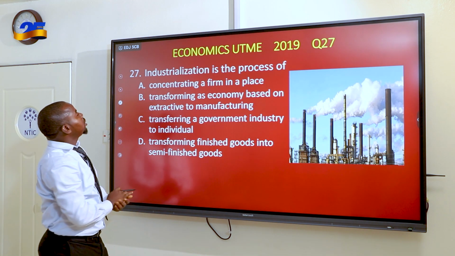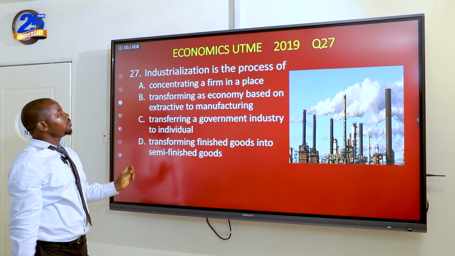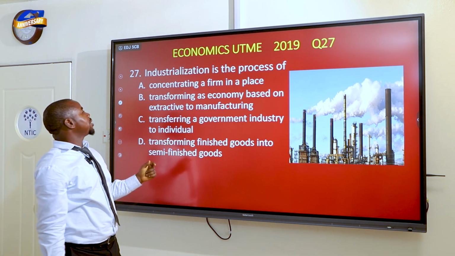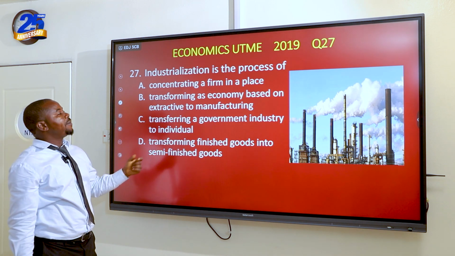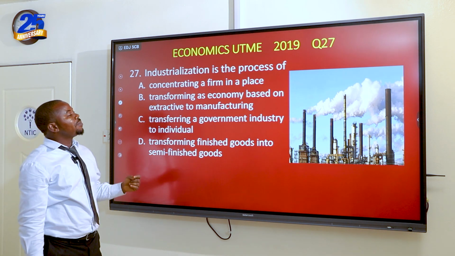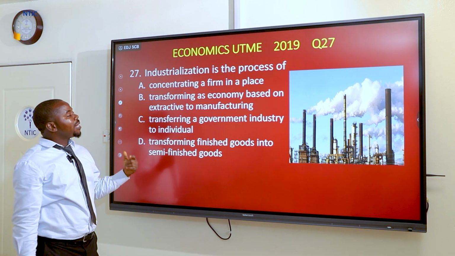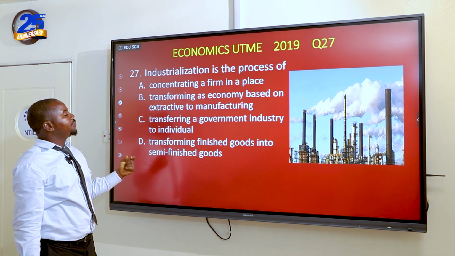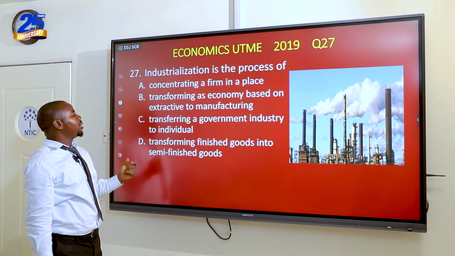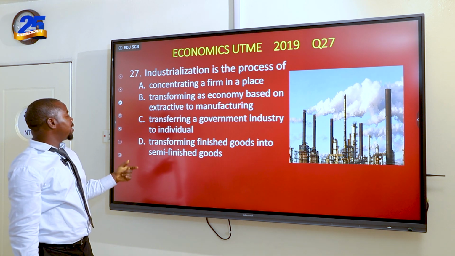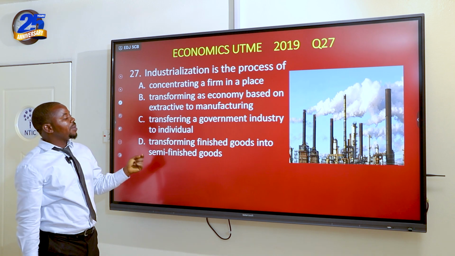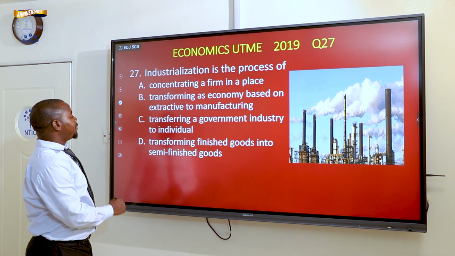So the next question is 27. Industrialization is the process of A, concentrating a firm in a place. B, transforming an economy based on extractive to manufacturing. C, transferring a government industry to individual. D, transforming finished goods into semi-finished goods.